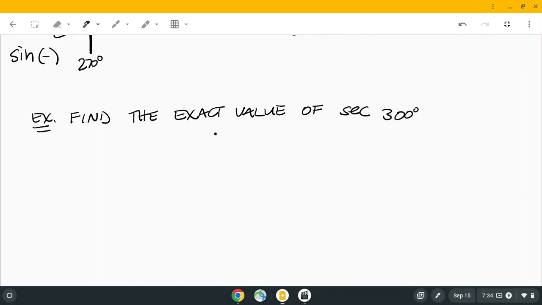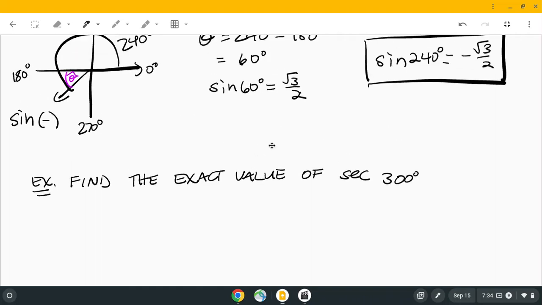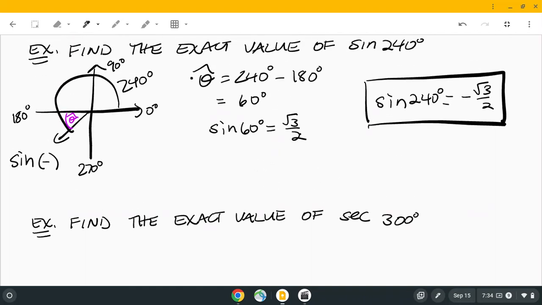Okay, so when they say find the exact value, if you recall, they mean to give us the square root answer, okay? Not the decimal answer, because these are all irrational answers. And if you try to give us the decimal answer, you're never going to give us the exact answer, because it's irrational, so it will go on forever and ever.